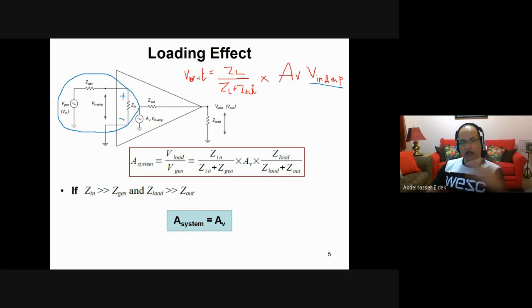Then we can reuse a voltage divider again to calculate VN amplifier, which is Zn over Zn plus Z generator, times the voltage, which is V generator.